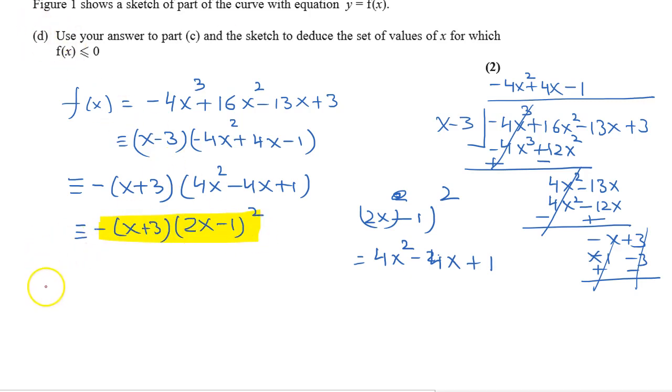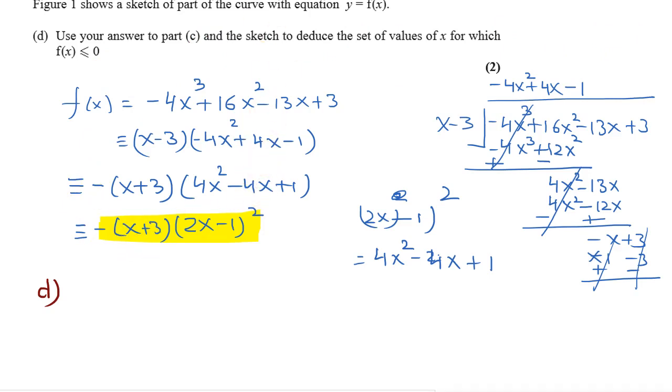Now part D. Use your answer to part C and sketch to deduce the set of values for x for which f(x) is less than or equal to 0. Now we have this.